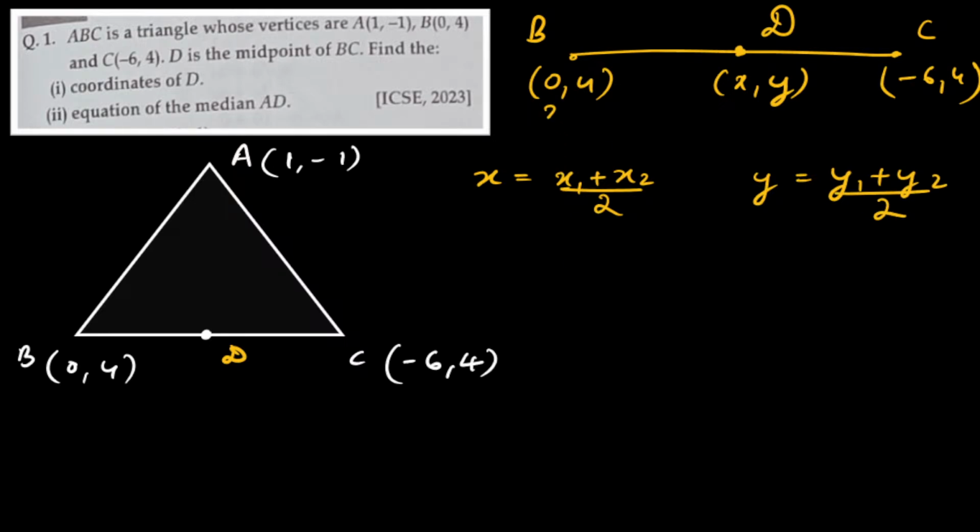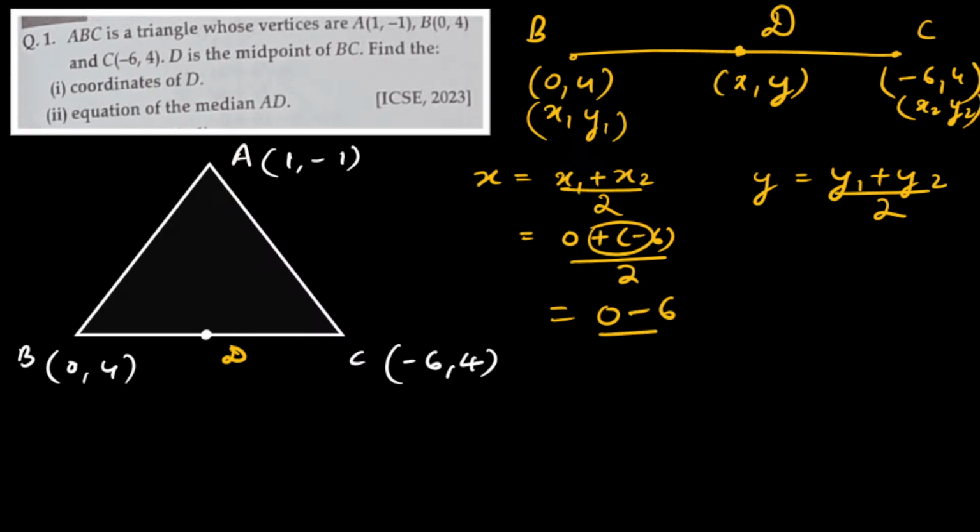B's coordinates I am writing as x1, y1 and C's coordinates as x2, y2. So x is 0 plus minus 6 by 2. Whenever two signs are together, you have to convert them to a single sign. So 0 minus 6 is minus 6 only.